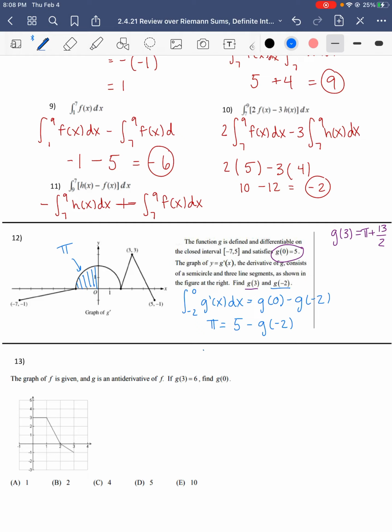So we'd have pi minus 5 equals negative g of negative 2. So if you divided that by negative 1, you would get positive 5 minus pi equals g of negative 2. So 5 minus pi.